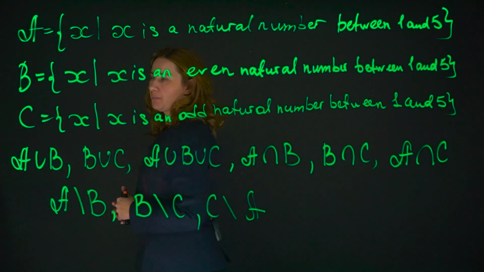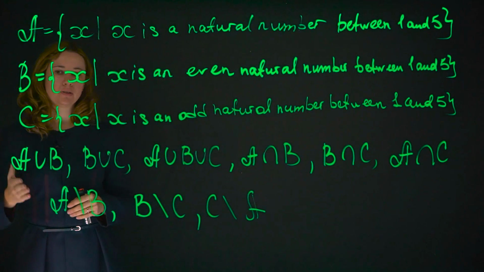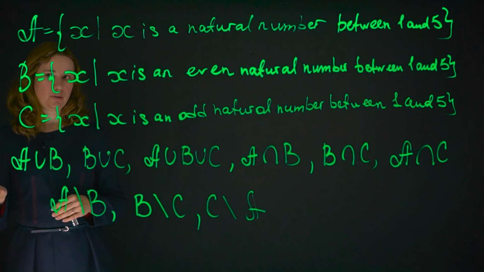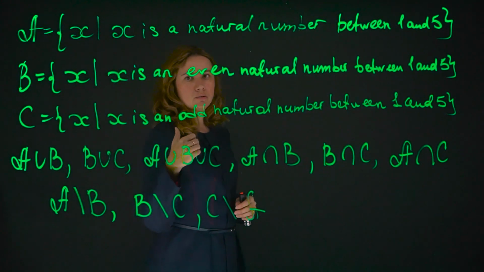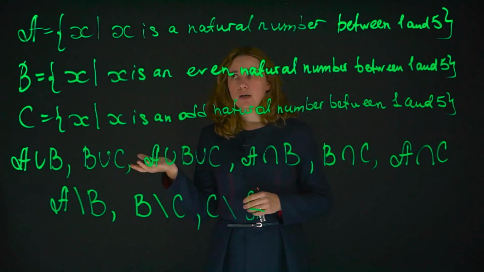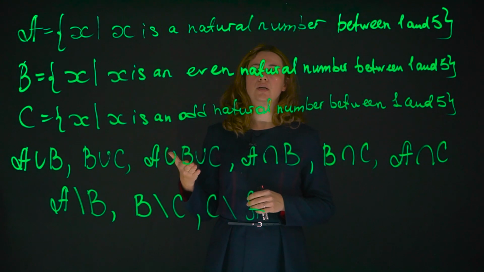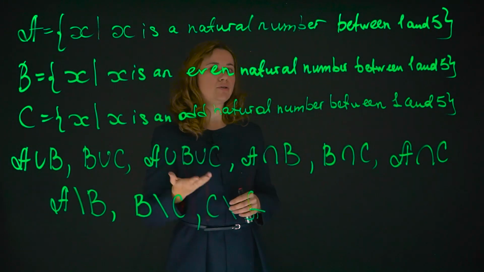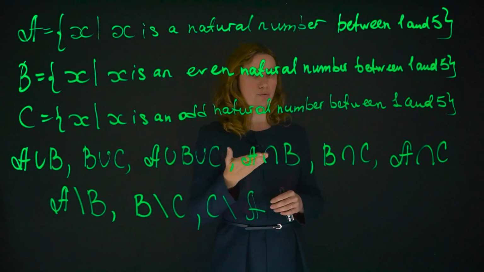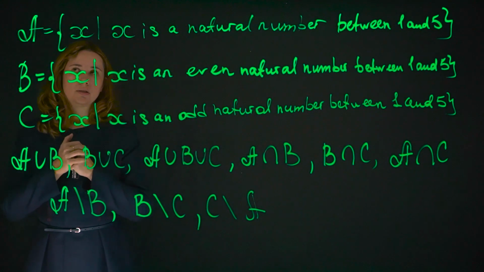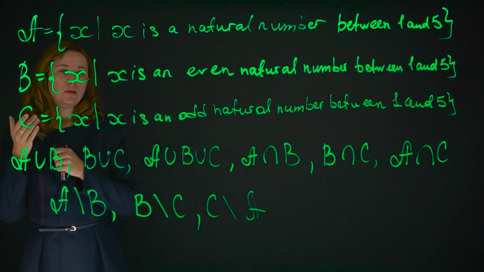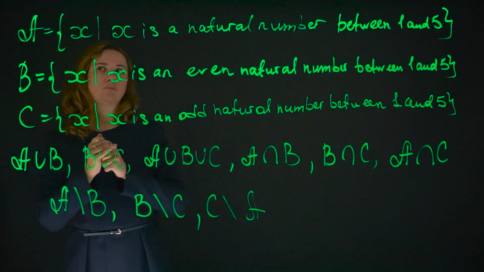Let's make one more example. We have three sets: capital A, capital B, and capital C. Our set A includes all elements x such that x is a natural number between 1 and 5. Let's specify our set A using the first way.